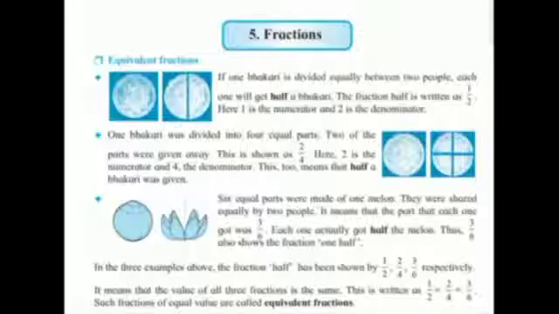Okay, so in the 3 examples above, the fraction half has been shown by 1/2, 2/4 and 3/6 respectively. It means that the value of all 3 fractions is the same. This is written as 1/2 = 2/4 = 3/6.